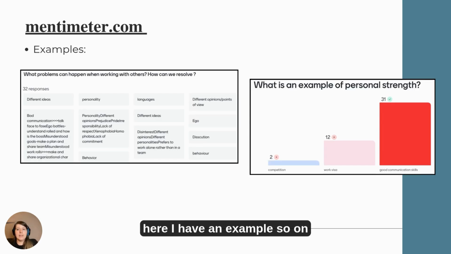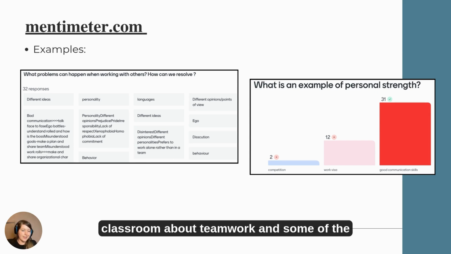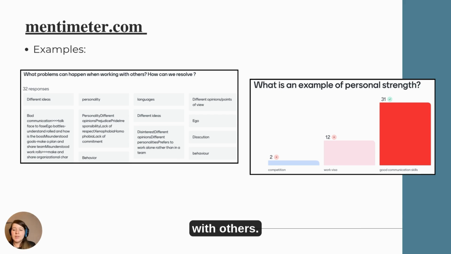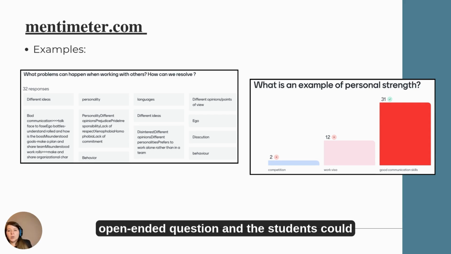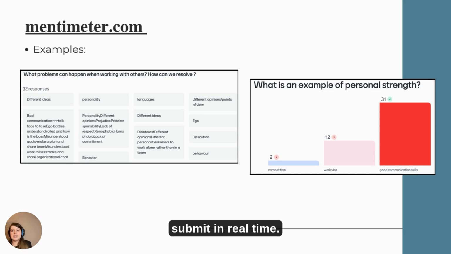And here I have an example. So on the left, we had a discussion in the classroom about teamwork and some of the challenges that people can face when working with others. I created a very simple, open-ended question, and the students could type their answers directly and submit in real time.